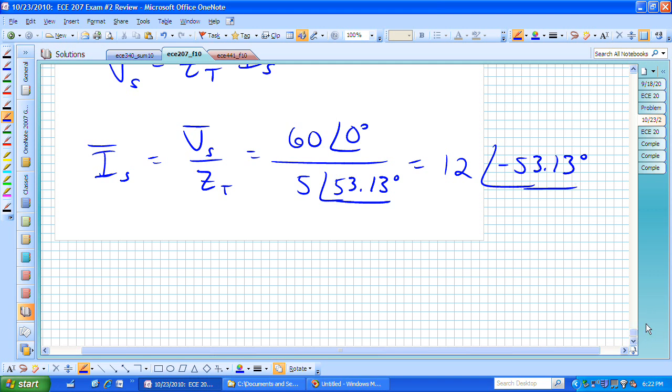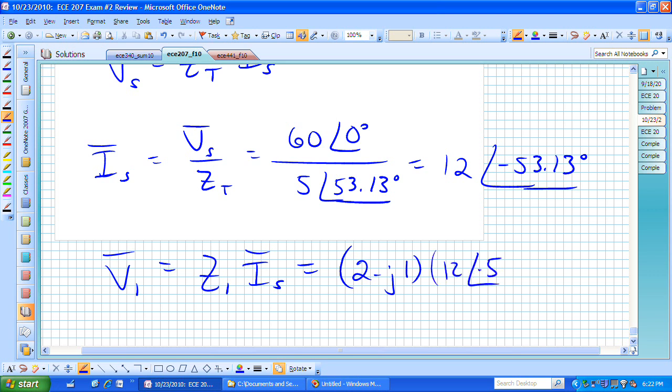Now that we have I sub S, we can find the voltage drops in phasor form across the two loads. V1 is just Z sub 1 times I sub S. Z sub 1 again was 2 minus J1, and I sub S is 12 at minus 53.13 degrees.